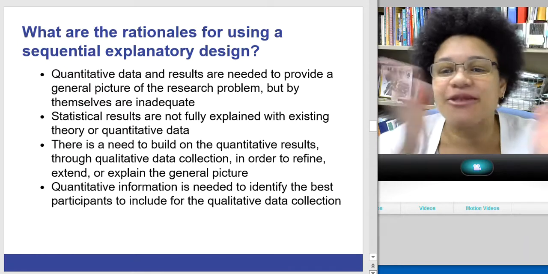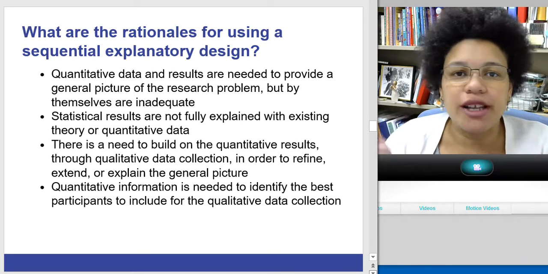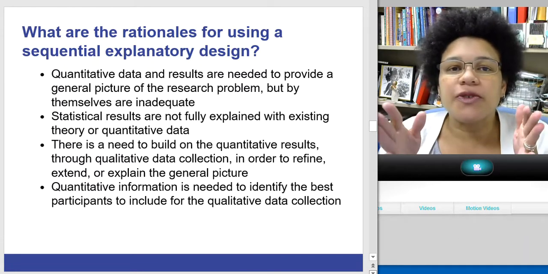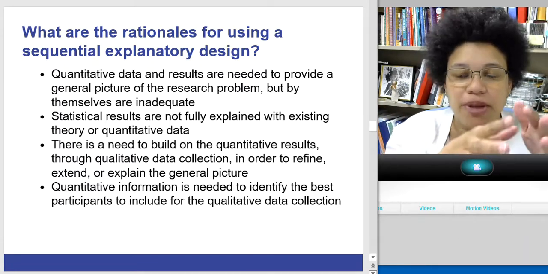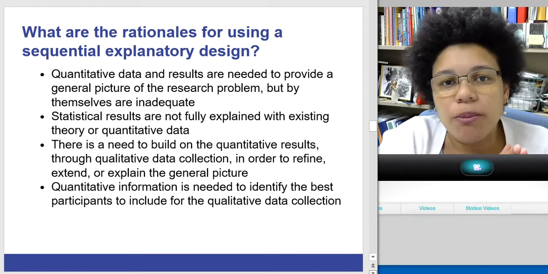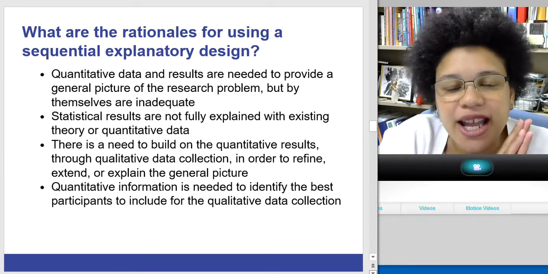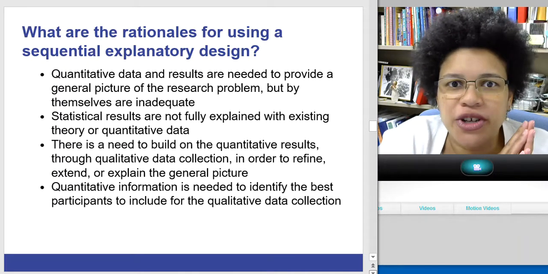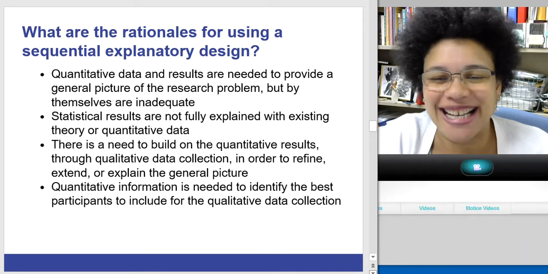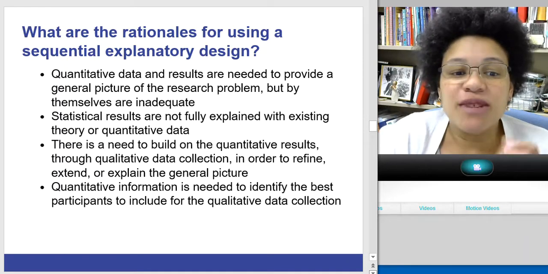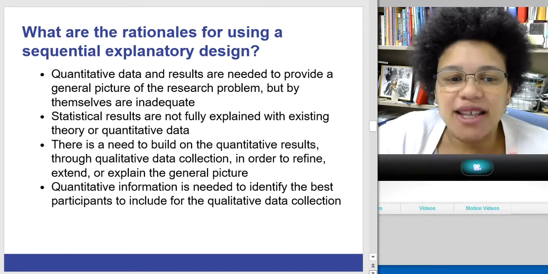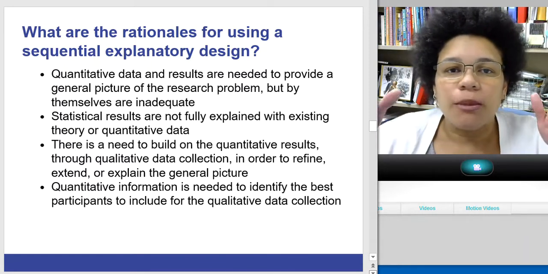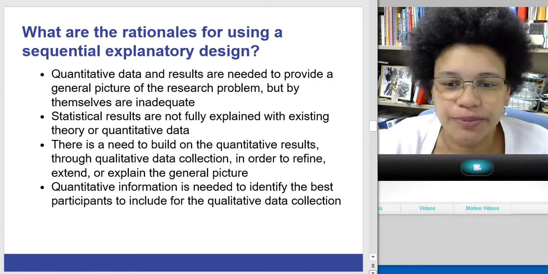So I might give some kind of inventory, Beck's depression inventory, let's say, to a group of kids, and then I might pick out those who meet the definition of being depressed, and hopefully there's a therapeutic component to the project as well. But this is what we need to find a certain population. We're going to use the quantitative part to find that group. Okay.